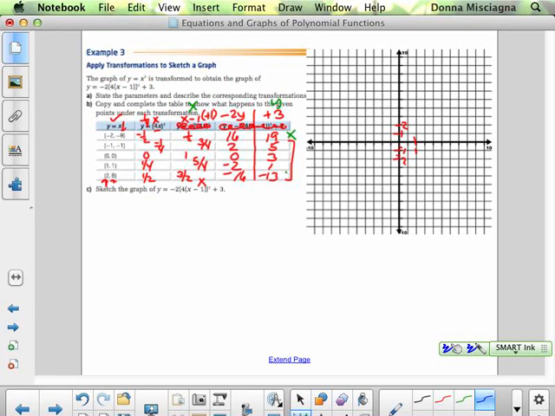So 3/4, that's going to be halfway between the 2 lines. And then 5. So 1, 2, 3, 4, 5, right there. And then we have 1, 3. 1, 3 would be here. And then 5/4, that's 1 1/4.